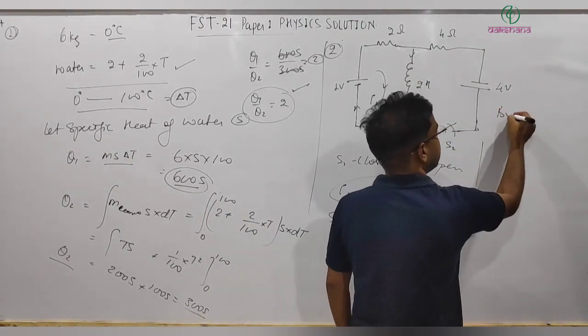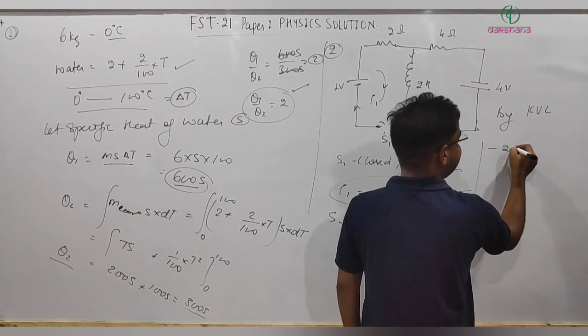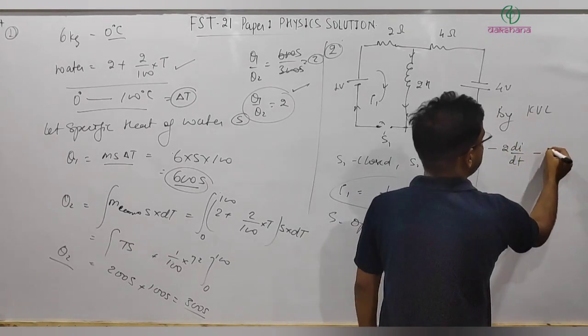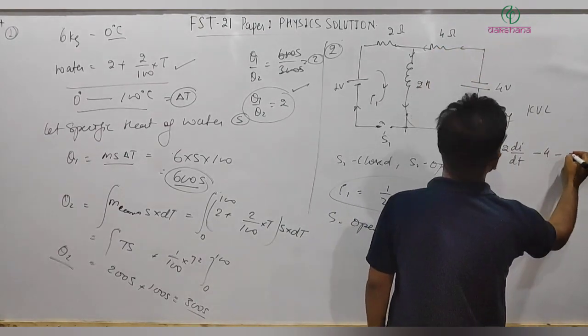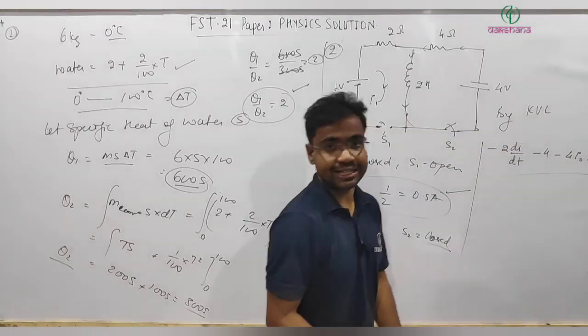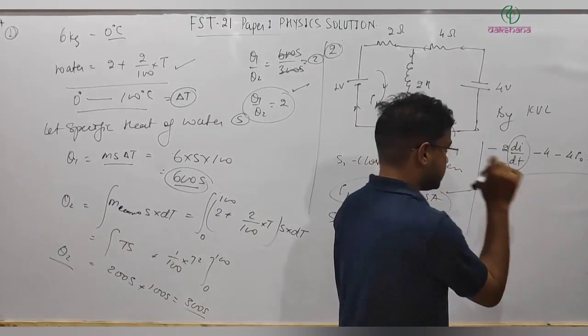So by KVL, I can write minus 2 L di by dt, and this way, minus 4 volt, and I'm going in the direction of current, so it's minus 4 into I naught, because it's talking about immediately, right? So then we are getting di by dt, and that too it's talking about magnitude.